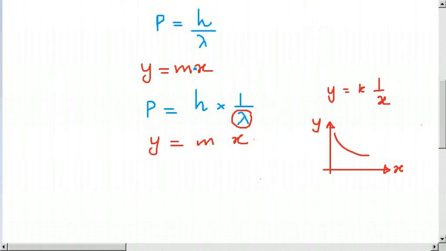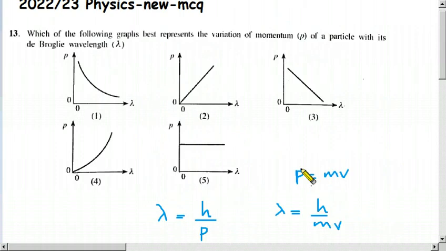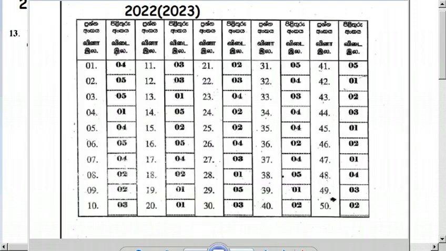So therefore the answer is something like this. That means the first one is the answer for question number 13, the first one. So correct.